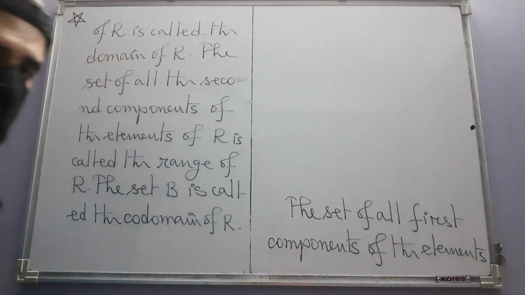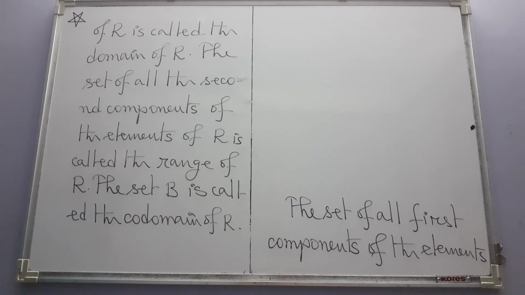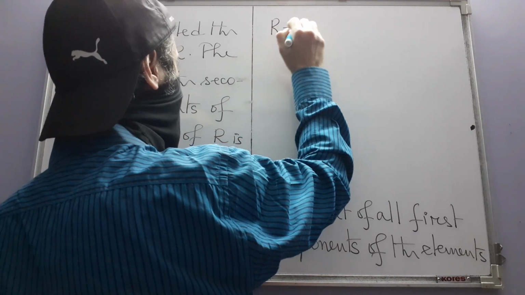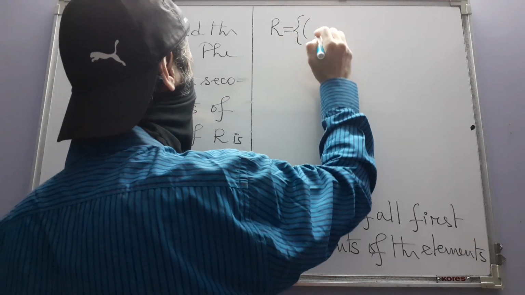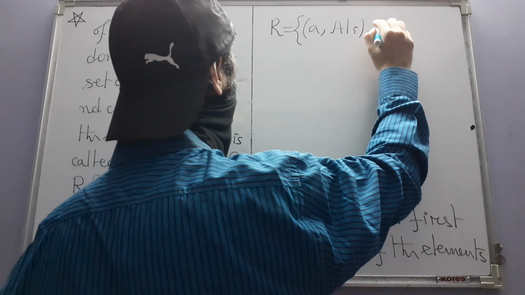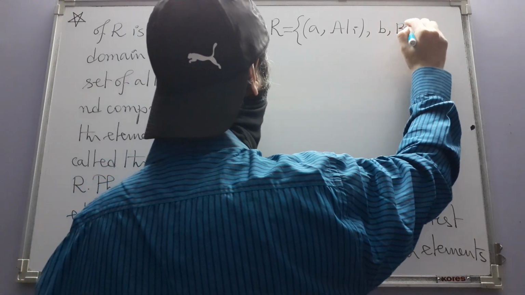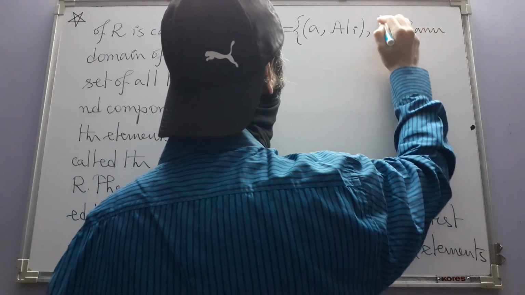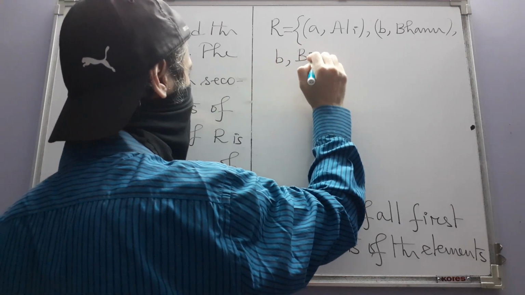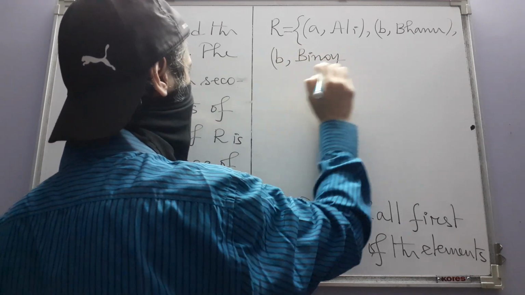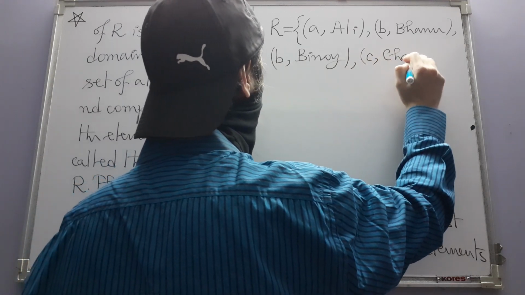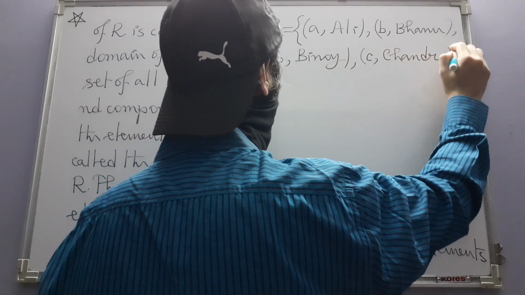So let us first write the set R in our example. It was this, right? A, comma, Ali, B, comma, Bhanu, again B related to Bina, and C related to Chandra.